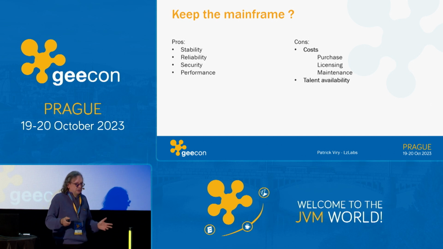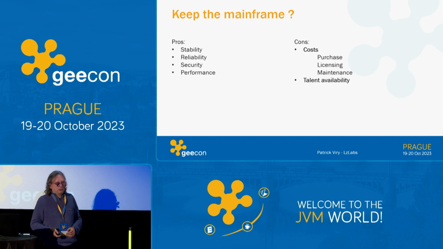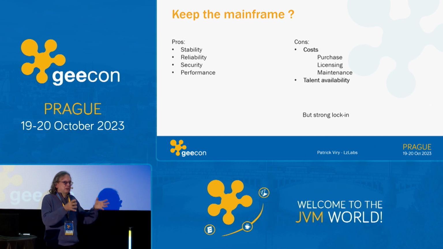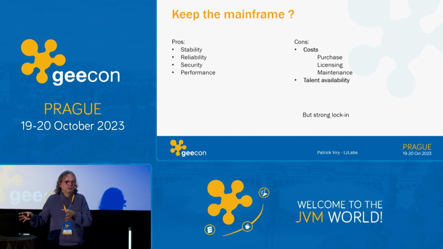So the CTOs who run mainframes are having nightmares about this. But it's very difficult to move away from the mainframe because there is a very strong lock-in, precisely due to the fact that it's an entirely different world. It has its own technologies that are totally different than what we all know.